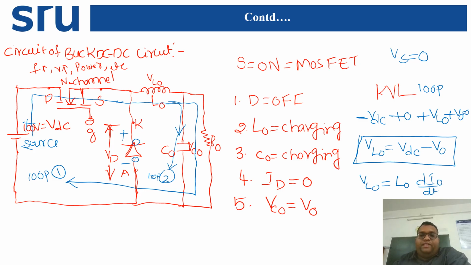These are the fundamental equations which we have to analyze and make into a concept for the derivation of the output voltage gain. Now this is the output voltage V0. When we derive the output voltage, we have to consider the switch on condition as well as the switch off condition. Now consider the switch off condition.